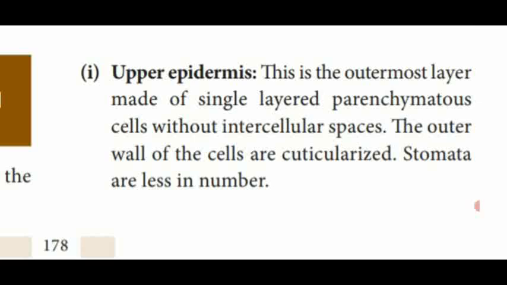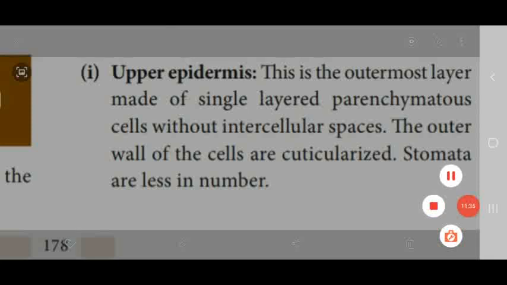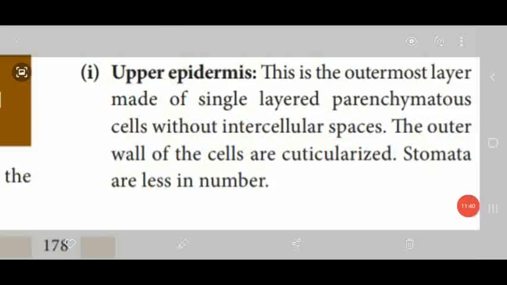In the upper epidermis, the number of stomata is very few compared to the lower epidermis. What is stomata? Stomata is a minute opening present in the upper epidermis as well as the lower epidermis of the leafy region. In the upper epidermis, the number of stomata is very few, but in the lower epidermis, it is more in number.